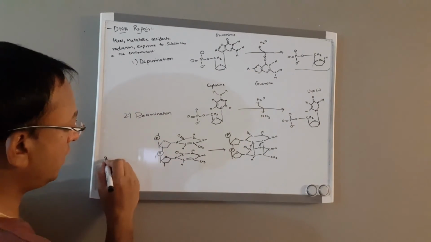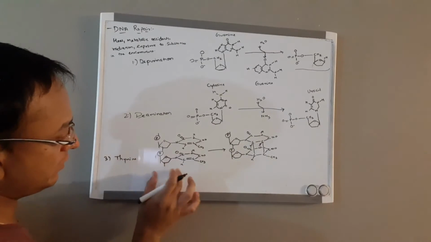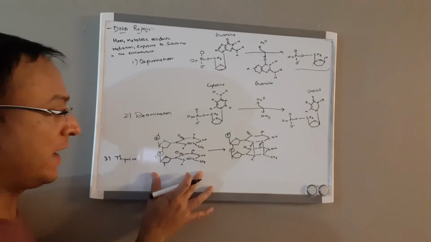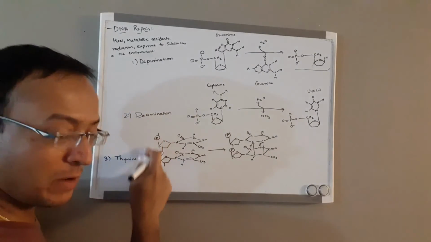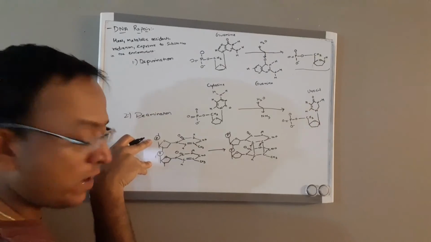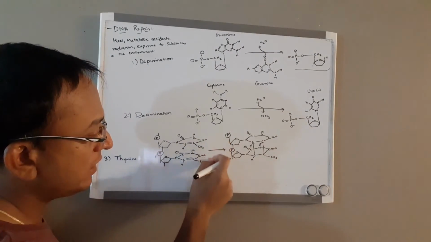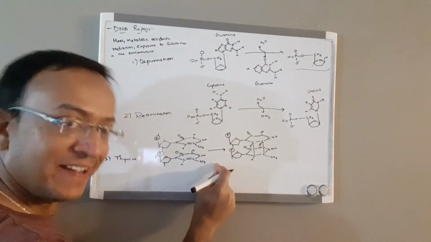So the third one is thymine. The first one is a normal thymine. That is, for example, our DNA sequence, and both, the first and the second, have thymine beside each other.